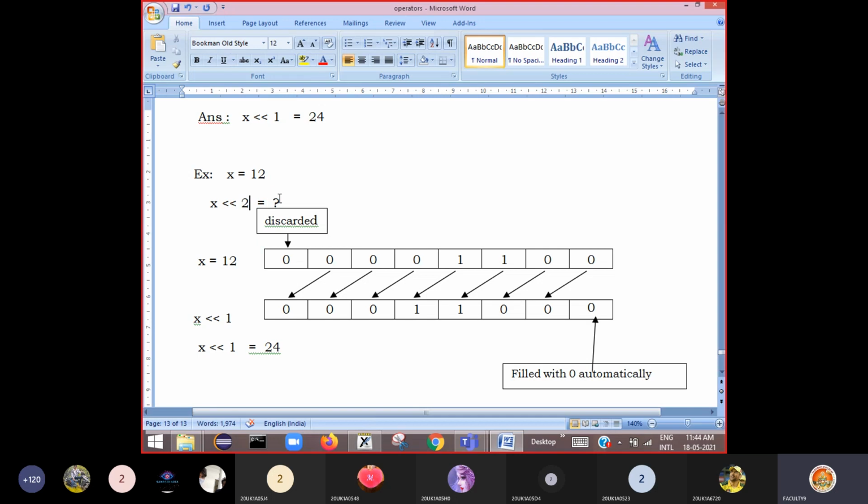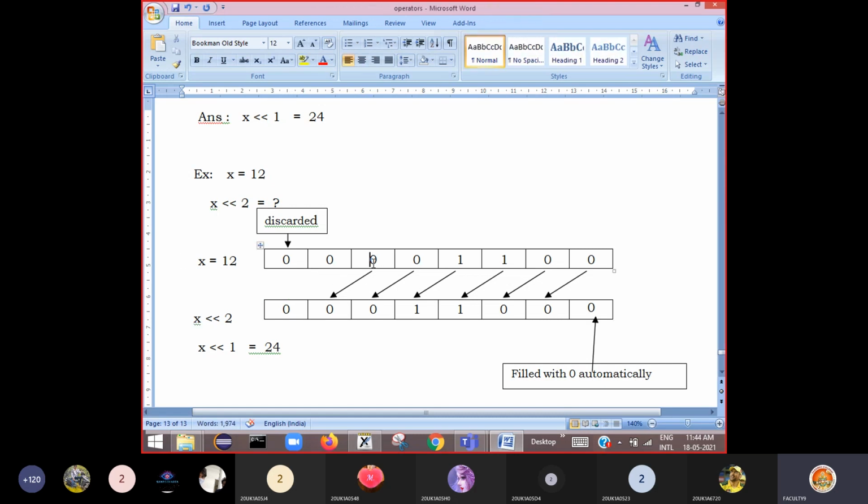If I move 2 bit positions towards left, what happens? Now x is equal to 12. Now see here, x is equal to 12. This is the bit pattern, or in binary form it will be represented like this. Now when I say x left shift 2, what happens? Now I need to change these arrows here, so I need to remove this.